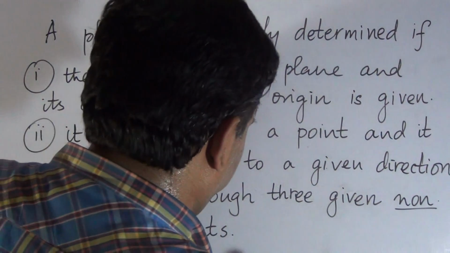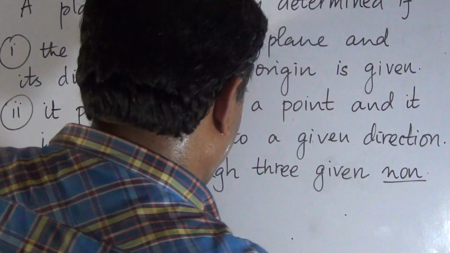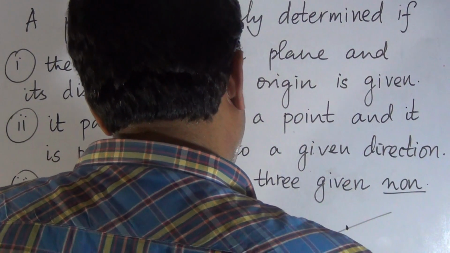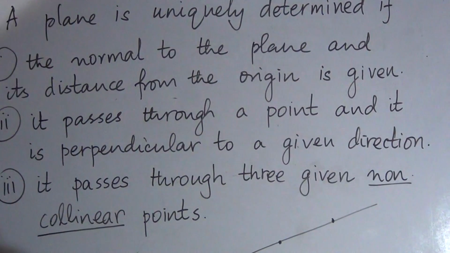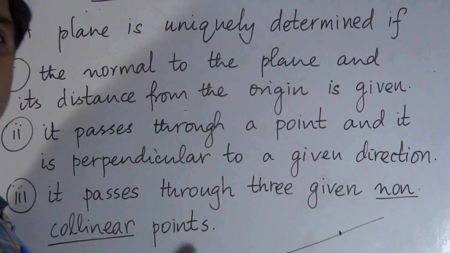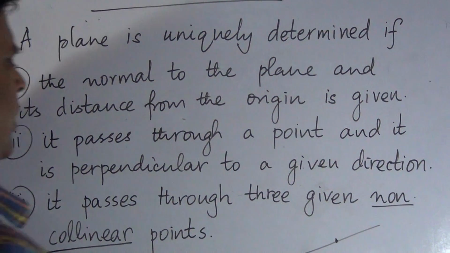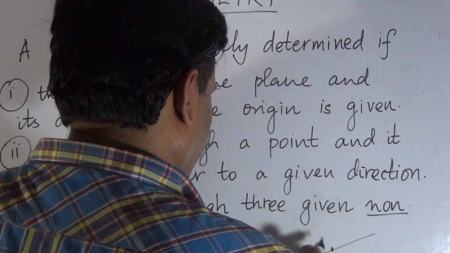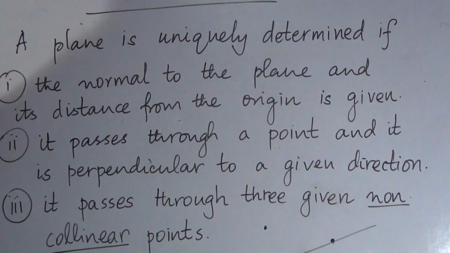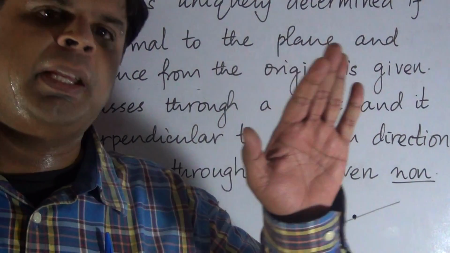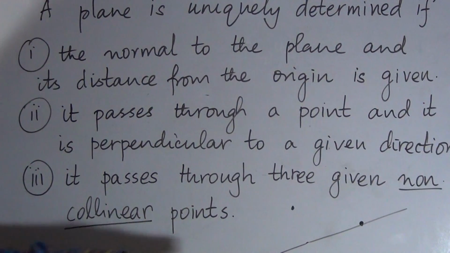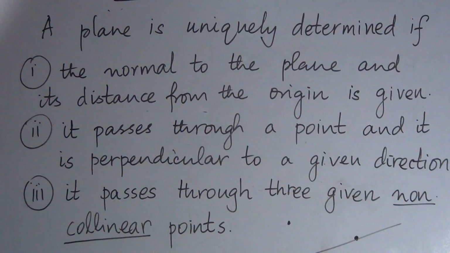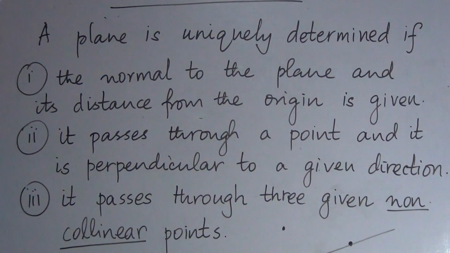So if I have 3 points, all of which lie on a straight line, then these points are collinear. But if I have 3 points which cannot be captured within the same straight line, then they are non-collinear. So in all these 3 cases, I will be able to find the equation of a plane.